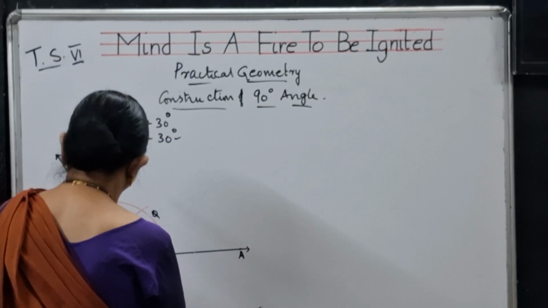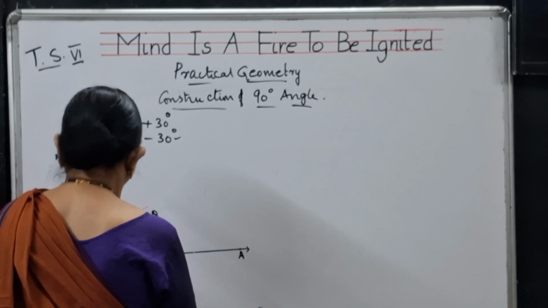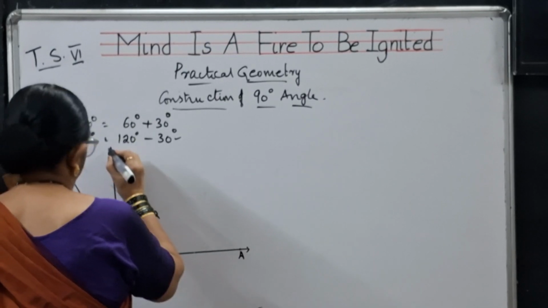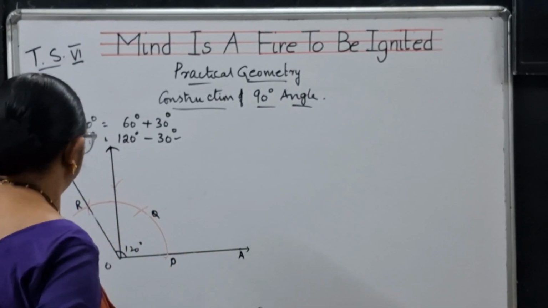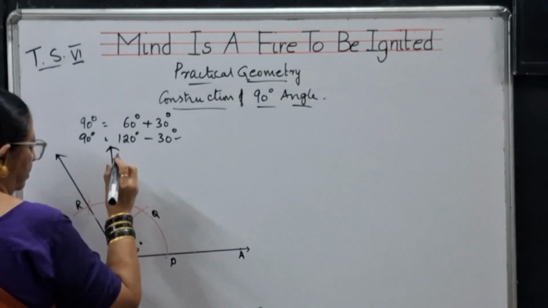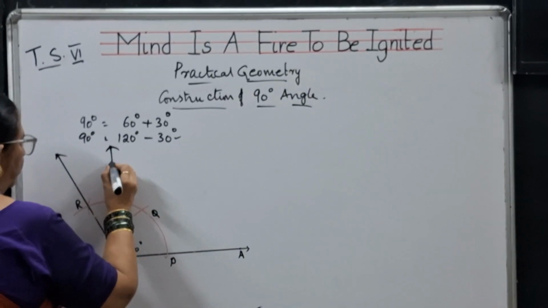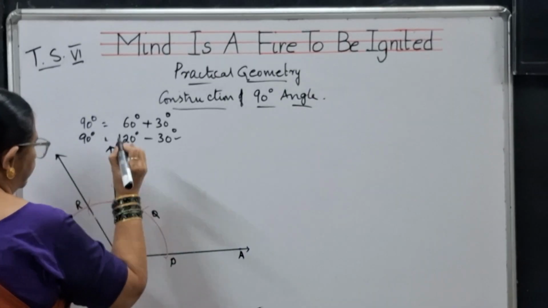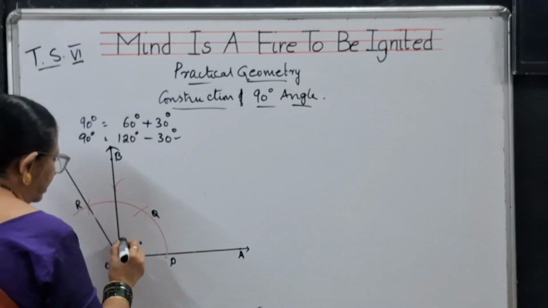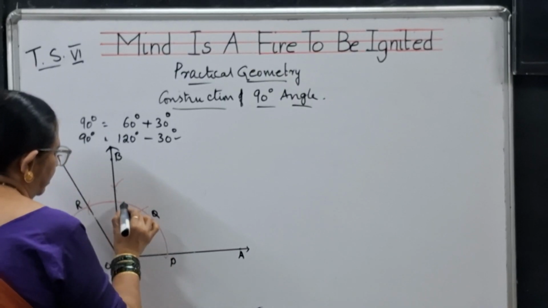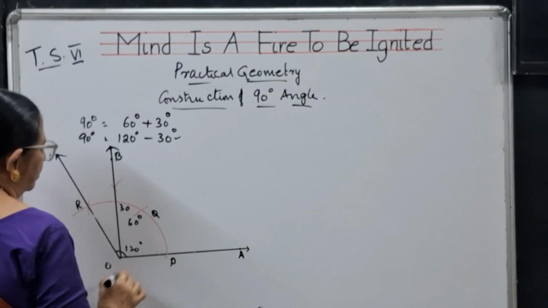So this one I can take as AOP. This angle measures, this is 60 degrees and this is 30 degrees.